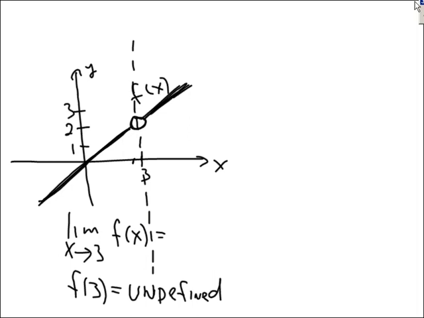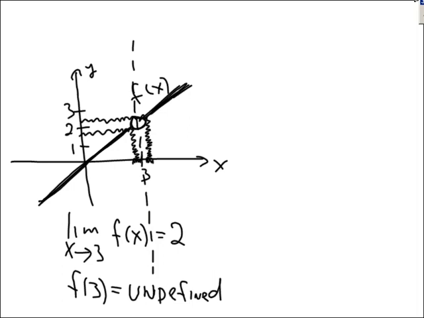If I'm a little bit below 3, it seems like the y values are just below 2. If I'm a little bit more than 3, I'm getting y values above 2. It's converging on 2.